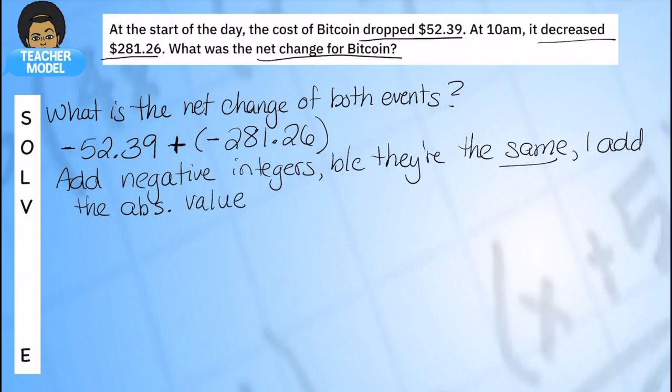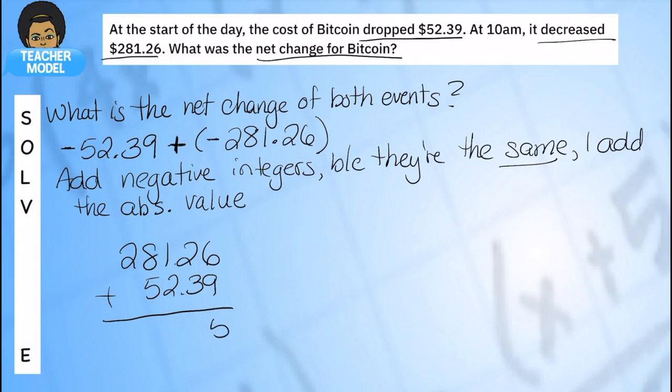We're going to add the absolute value because they're the same, and then we know how to figure out the sign. So let's do the first one, 281.26 and 52.39. I'm adding them together, and I'm getting 65 cents, $333.65.